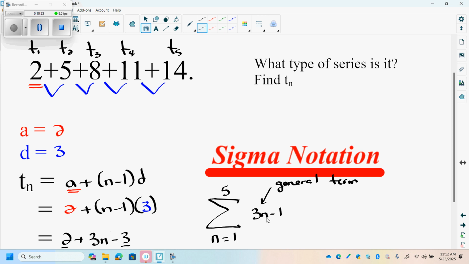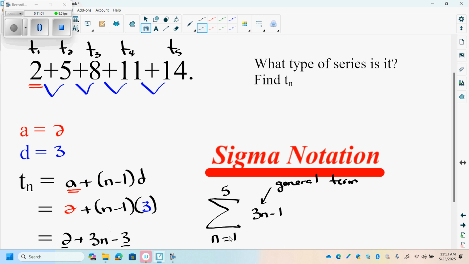By putting a 1 in, 3 times 1, 3 minus 1, I would generate a 2. By putting a 2 in, 3 2s are 6 minus 1, I'd get 5. Put a 3 in, 3 3s are 9 minus 1, 8. 3 4s are 12 minus 1, 11. 3 times 5 would be 15 minus 1, 14. N1, N2, N3, N4, N5. Start at 1, stop at 5.